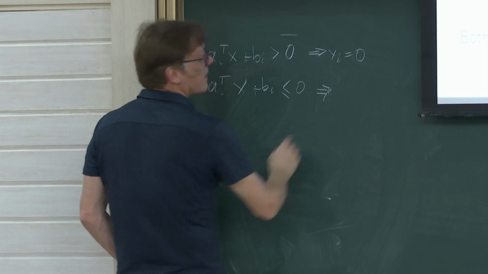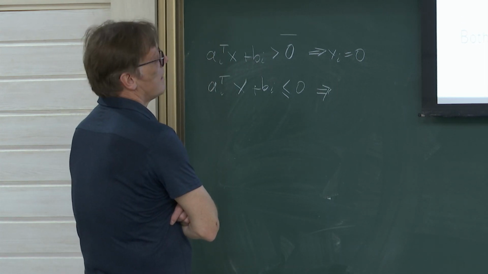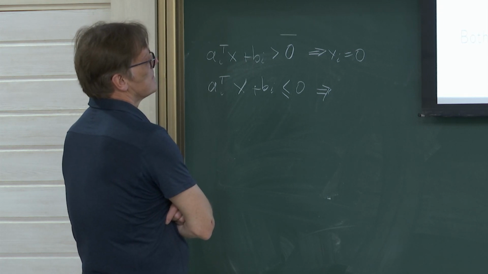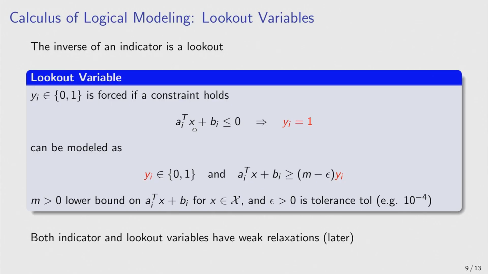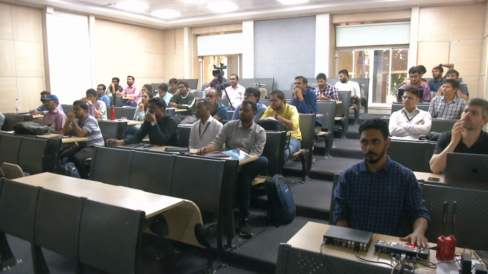Sorry? Did I get this? Make it positive, either would work. Even one would work, because your M is a lower bound. Right. There's something not right here. I need to check this. No, we don't care if it's positive. You only want it if it's less than or equal to 0.